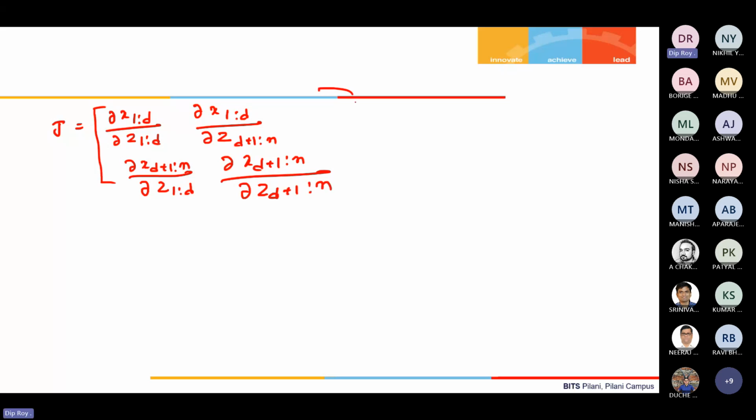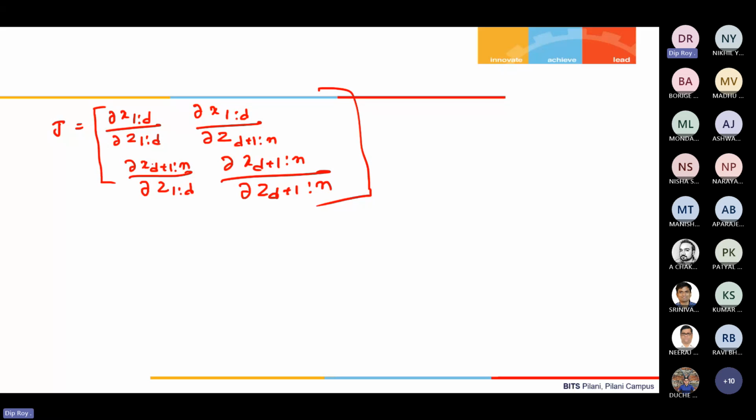So this is what your Jacobian looks like. And what is this Jacobian doing? Each of these entries says: how does the first output change when you make a small change in the first input? How does the first output change when you make a small change in the second input?